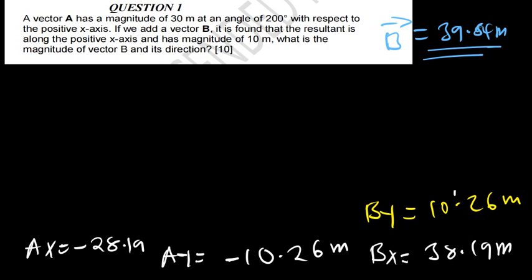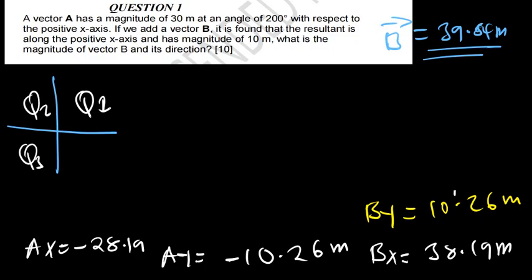Based on the information I'm going to give you right now, before we even find the answer, you should be able to know whether the angle is going to be in the first, second, third, or fourth quadrant. So if this is my xy plane, this is my first quadrant, this is my second quadrant, this is my third quadrant, this is my fourth quadrant. Guys, you know that this is positive x-axis, positive y-axis, negative x, negative y.